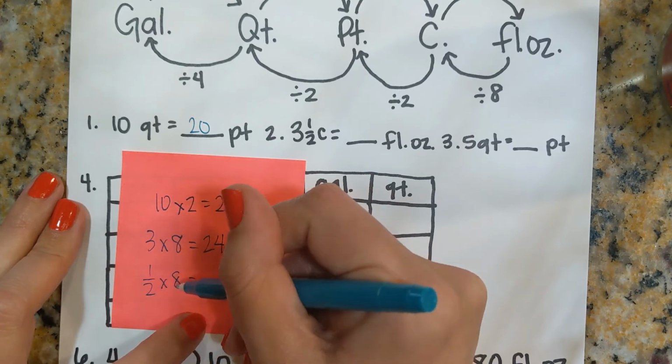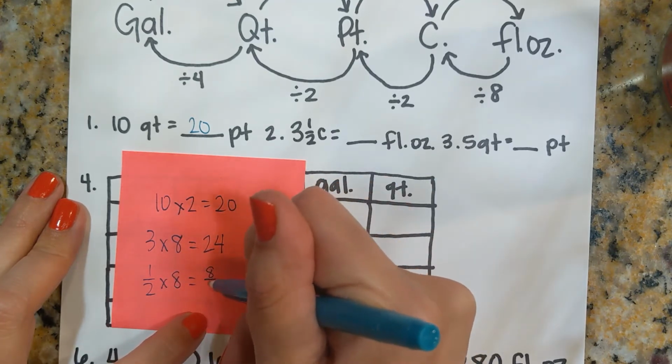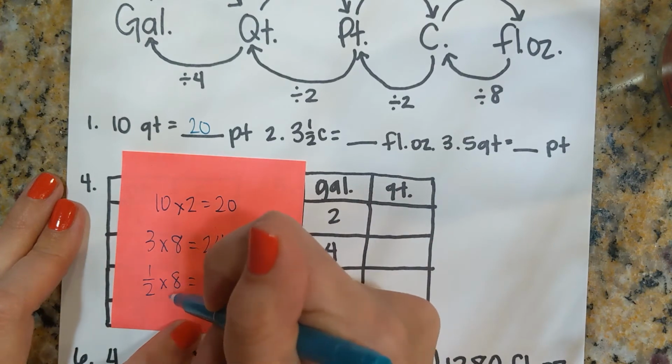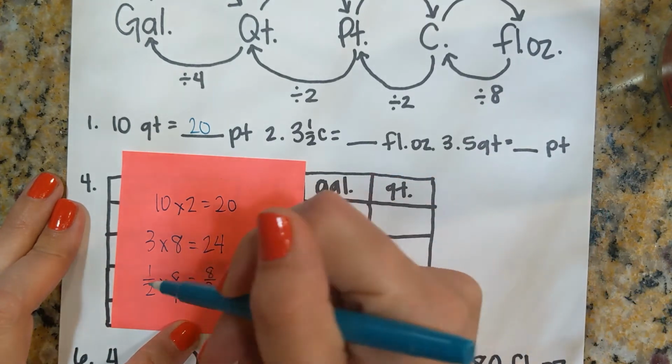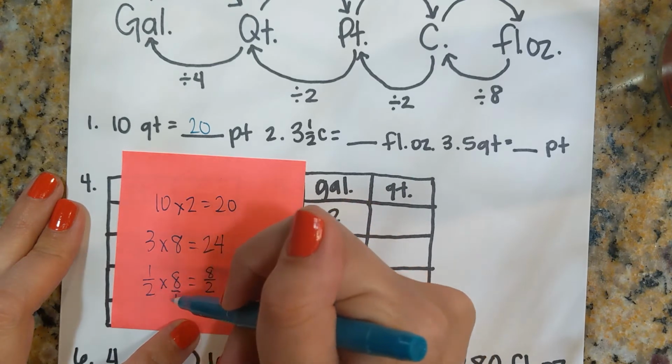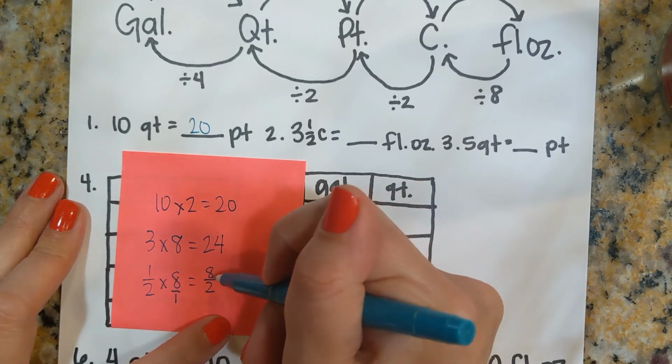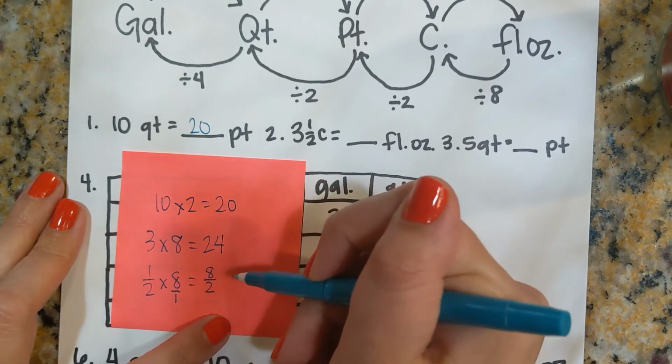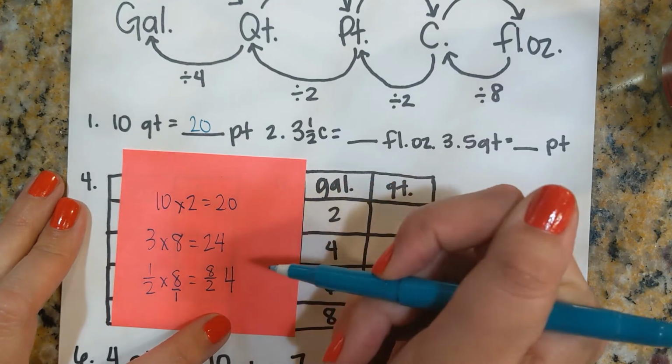Okay, 1/2 times 8 is 8 halves, because this 8 is really 8 over 1, and we multiply straight across. 1 times 8 is 8, 2 times 1 is 2.